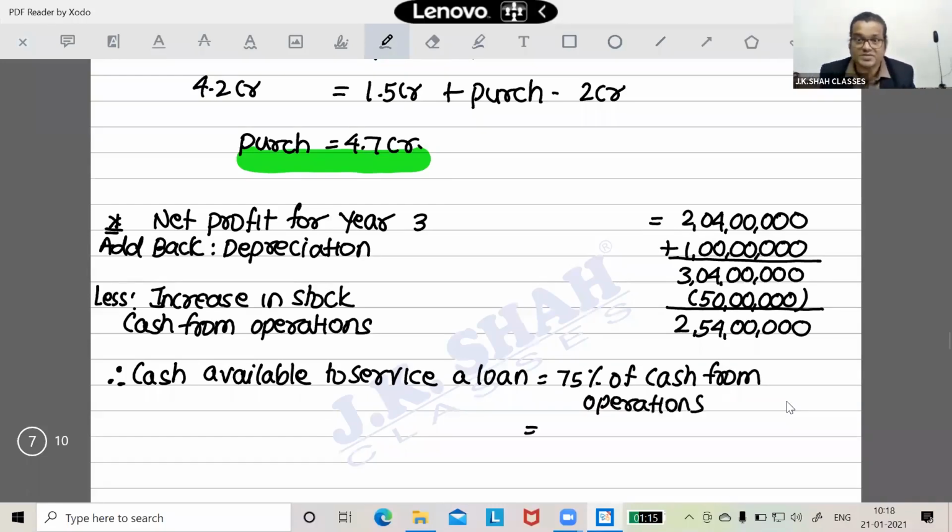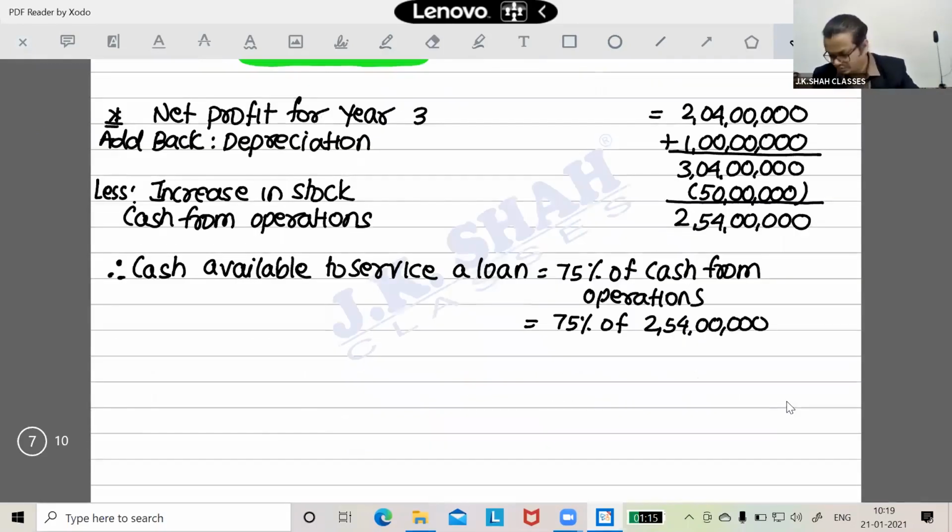So we are left with 2 crore 54 lakh, of which we will use 75% to repay our loans. Please type zeros properly. How many zeros? 5 zeros you put after 254. It comes to 1 crore 90 lakh 50,000.